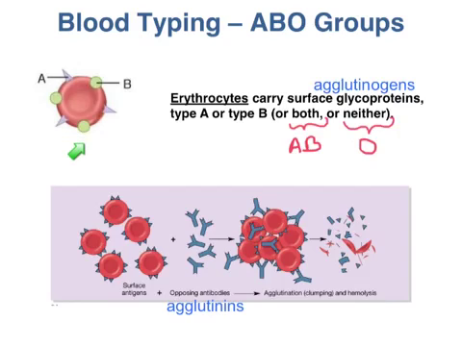Now, it's these preformed antibodies that are the problem. If you get blood of the wrong blood type, if you're type A, for example, and you get type B blood, the preformed antibodies, the agglutinins, will recognize and bind up all of the donor blood cells into these clumps that get broken apart.